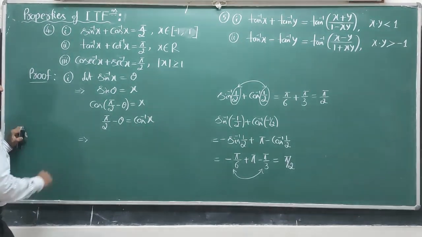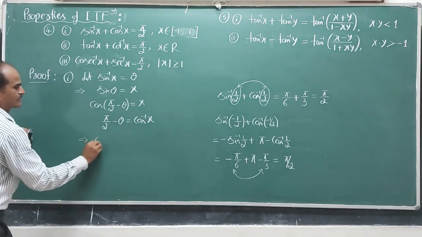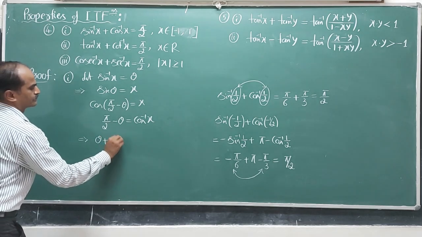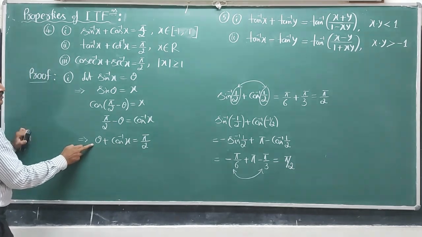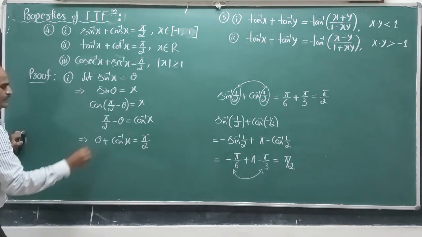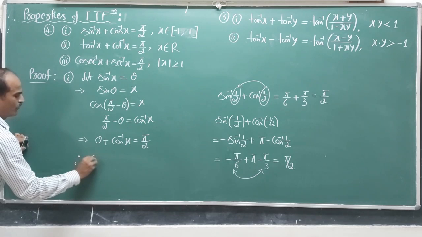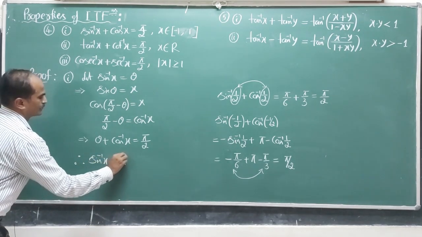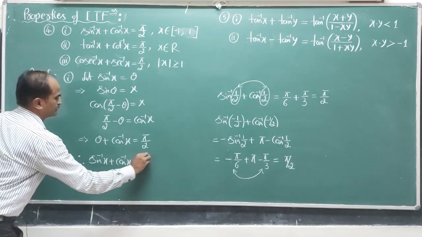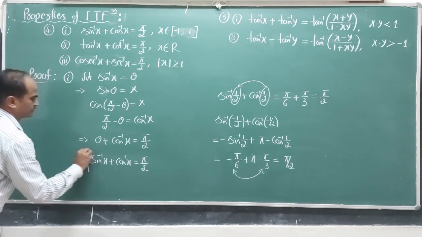By this you can write theta plus cos inverse x is equal to pi by 2. Resubstitute theta. What is theta? Sin inverse x. Therefore, sin inverse x plus cos inverse x gives us pi by 2.